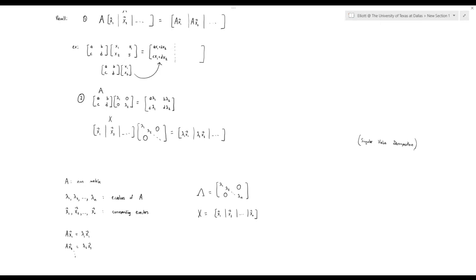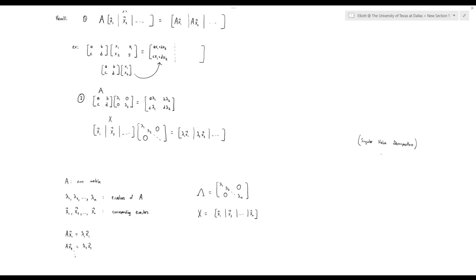So in practice, there's a preference for ordering the eigenvalues from largest to smallest when you're doing the singular value decomposition. Essentially the largest ones are the most important ones.